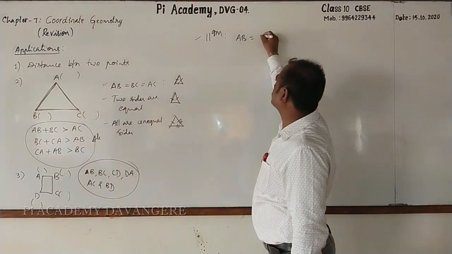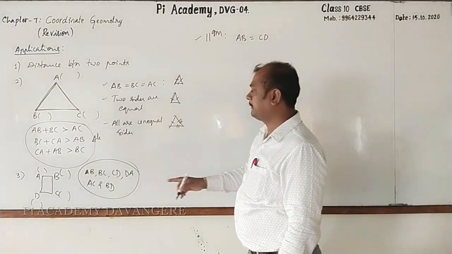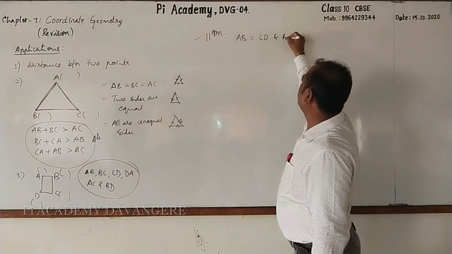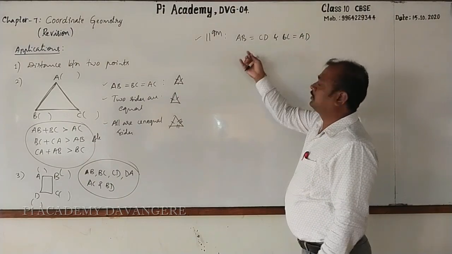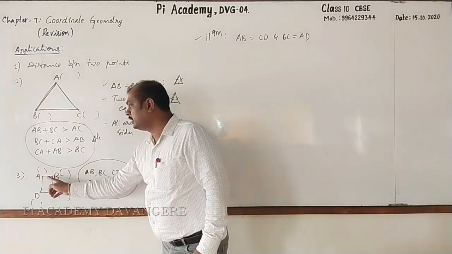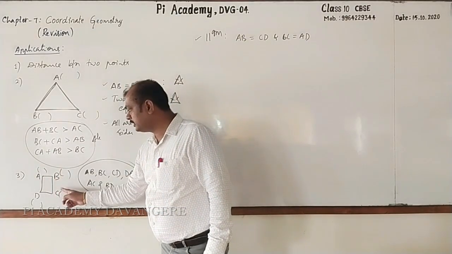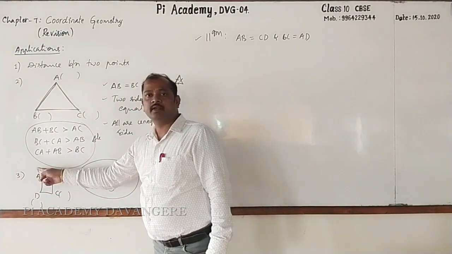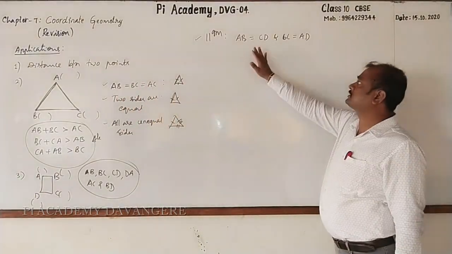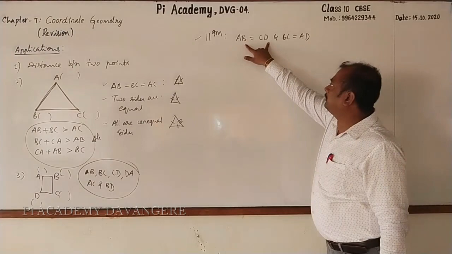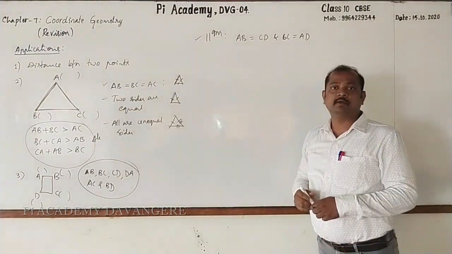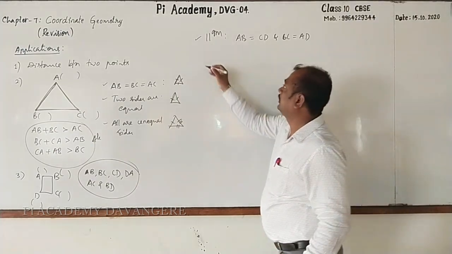AB equal to CD, then BC equal to AD. Hope that you are all understanding. You will find out the distance of A and B, then B and C, then C and D, then D and A. After that, AC and BD. After finding all this, you will go for checking. If AB equal to CD and BC equal to AD only, then you can say that it is a parallelogram.